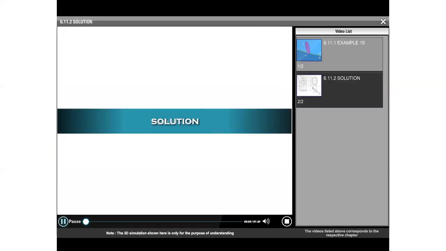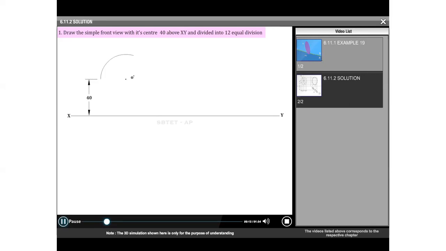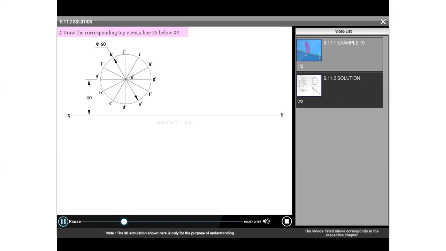Solution to example problem 15. Draw the simple front view with its center 40 mm above XY and divide this into 12 equal divisions. Draw the corresponding top view, which is a line 25 mm below XY.